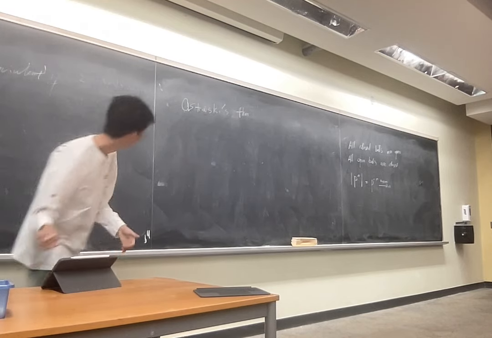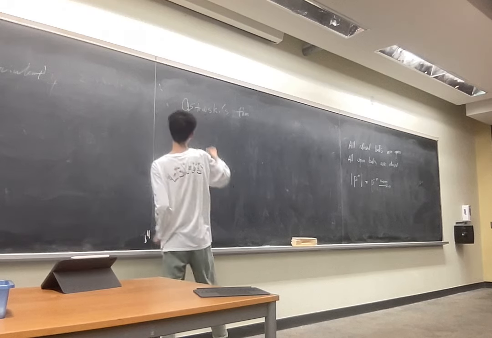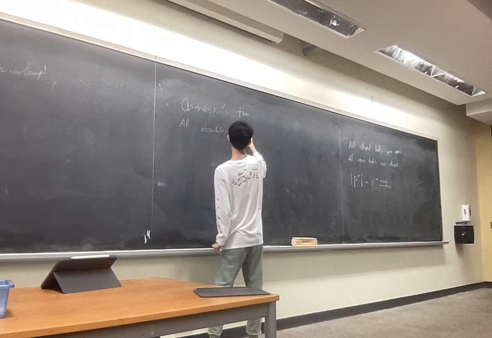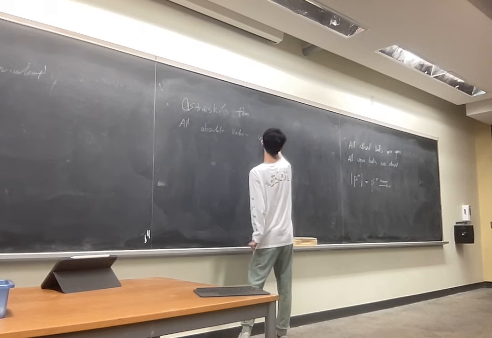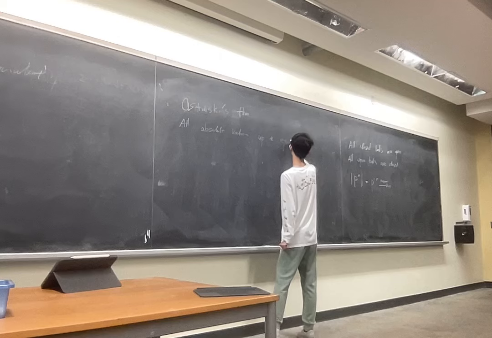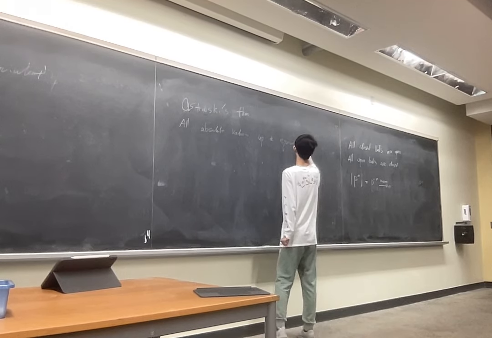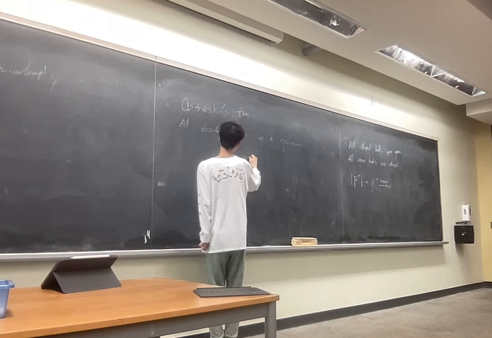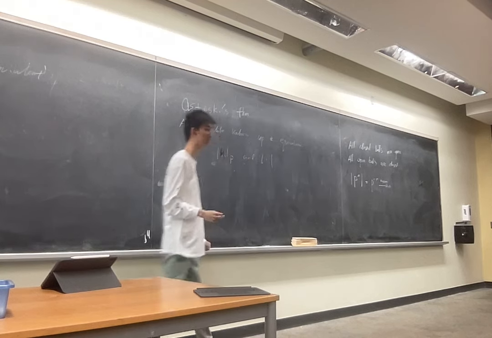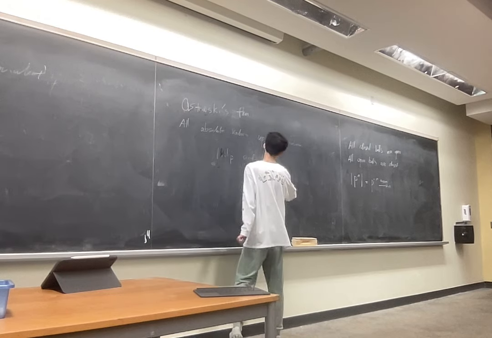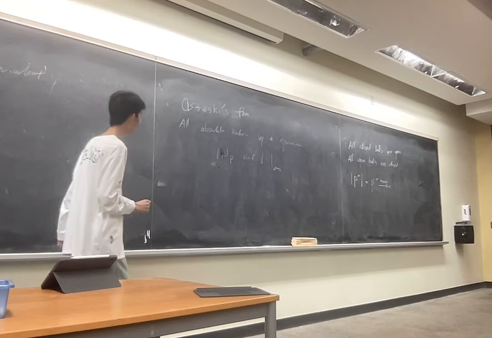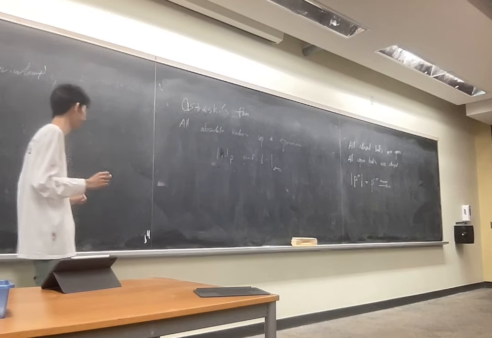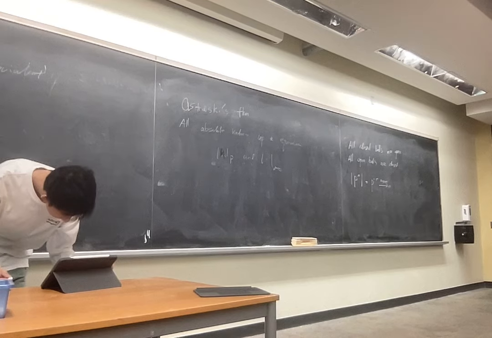It says basically all absolute values up to equivalence are only the p-adic norms and the regular absolute value. By convention, we just write these as a prime p and infinity absolute values. So basically, you can find all absolute values on Q by using this theorem. I'm not proving it; it's not too difficult, because I really want to talk about something else.